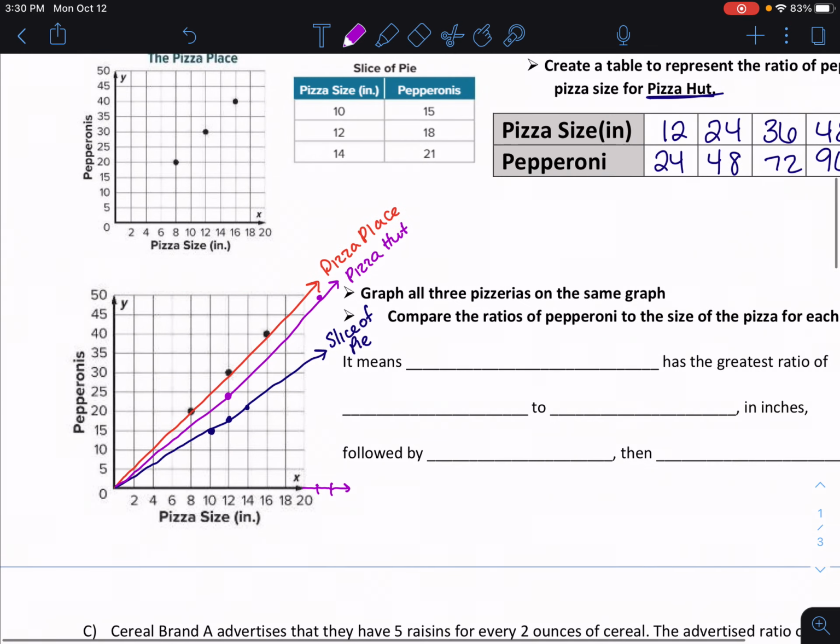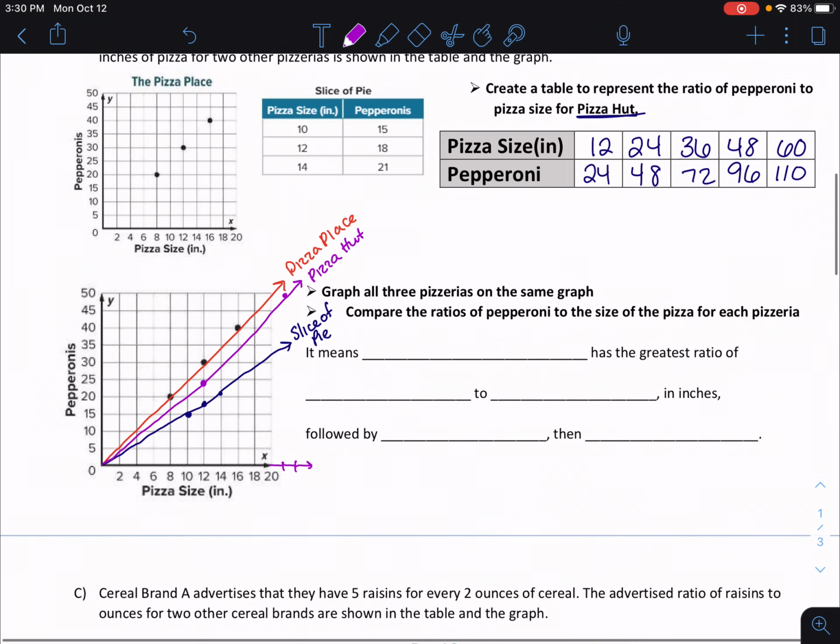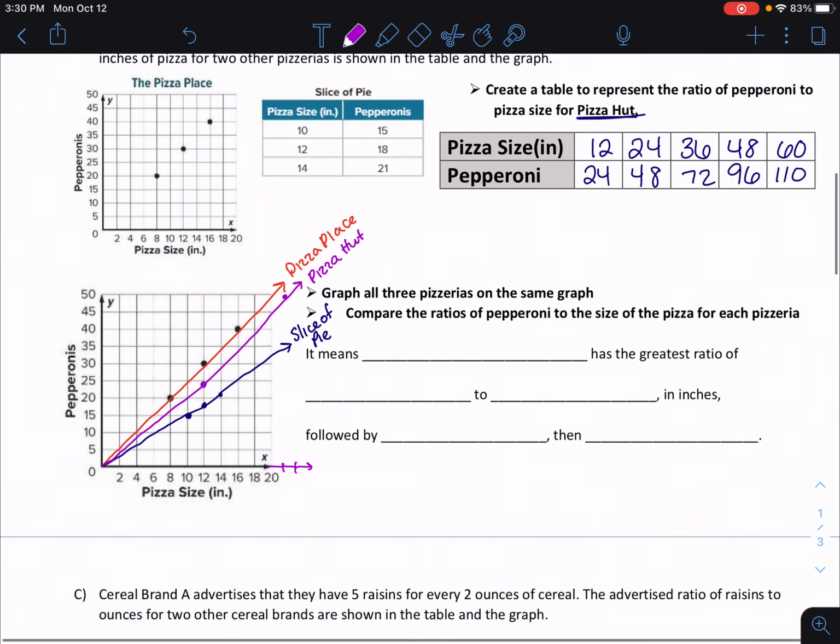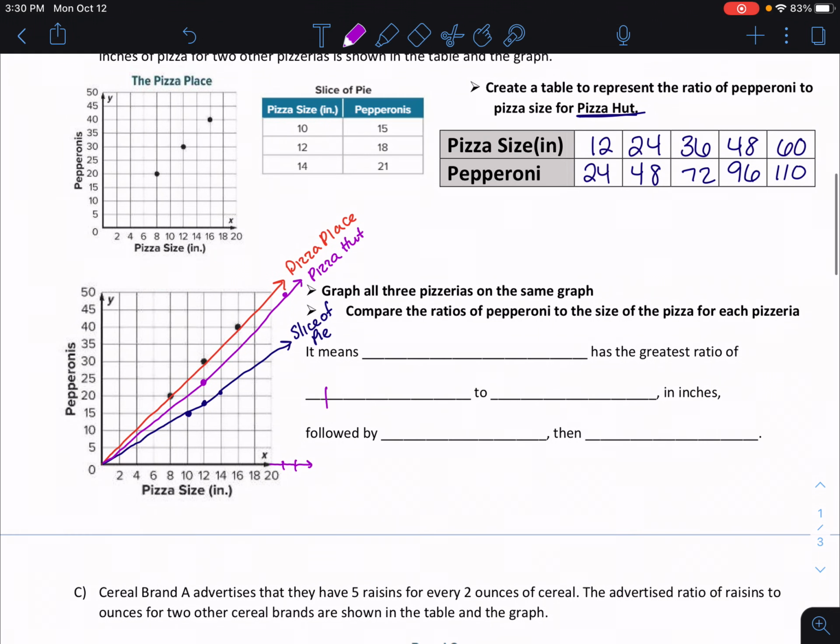And now I'm going to say which one has the greatest ratio of pepperoni to pizza size. If I look at my three graphs, Pizza Place has the steepest line. It's rising the fastest.